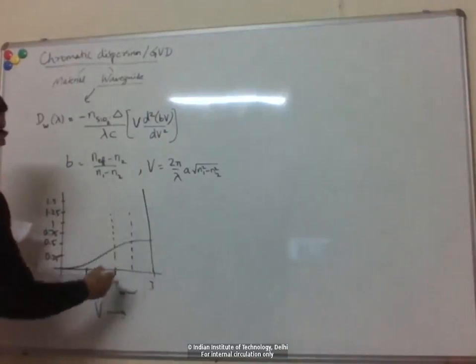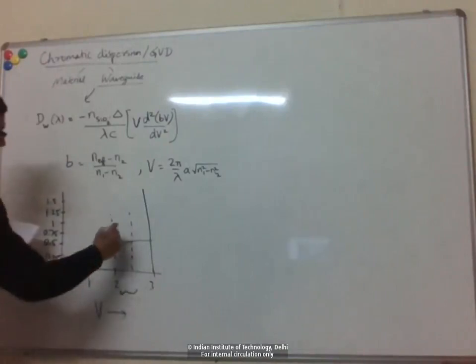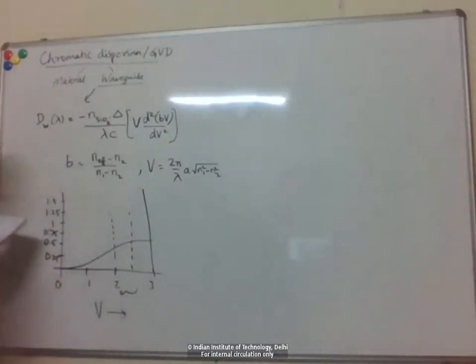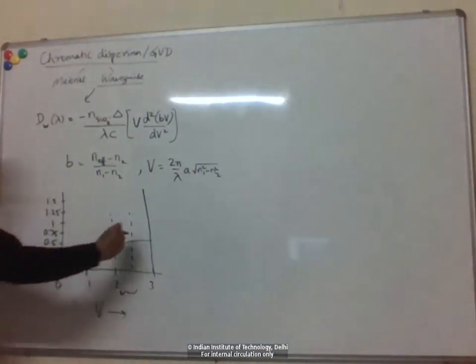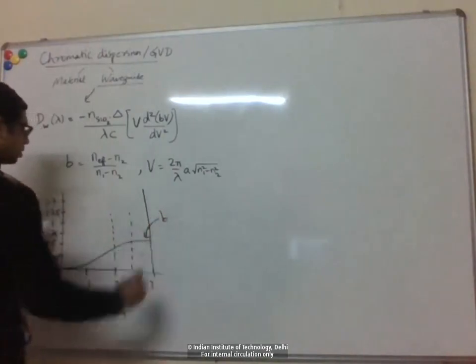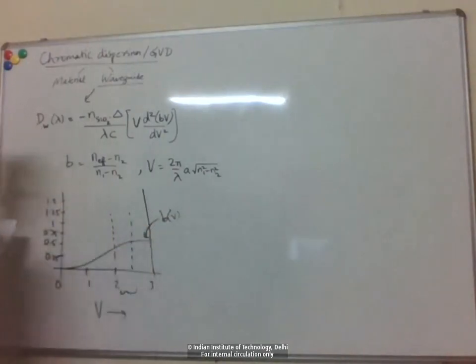So for single mode fibers, we are below 2.4, and in the telecom range of wavelengths, we are typically between 2 and 2.4. So this is the region of interest here. Okay. So now, from this curve, right? So this is b, right, as a function of V.